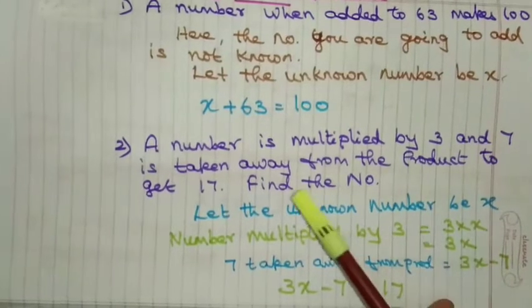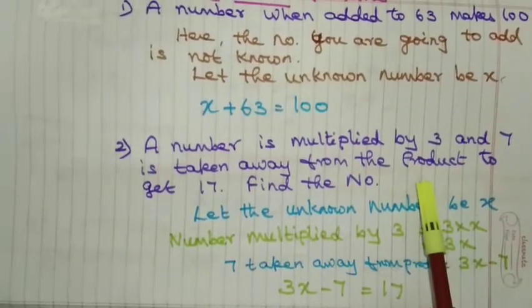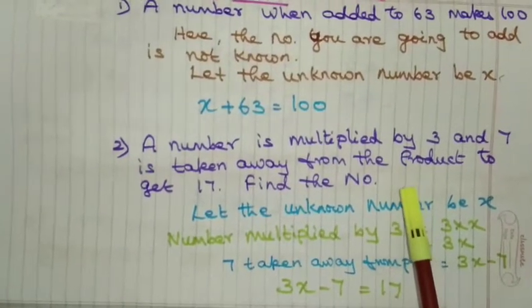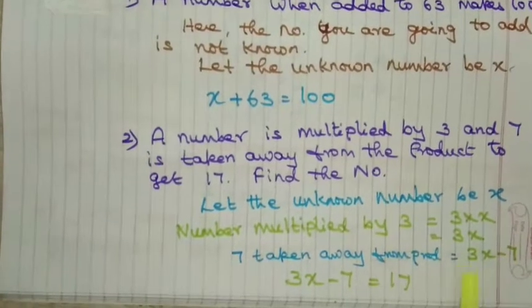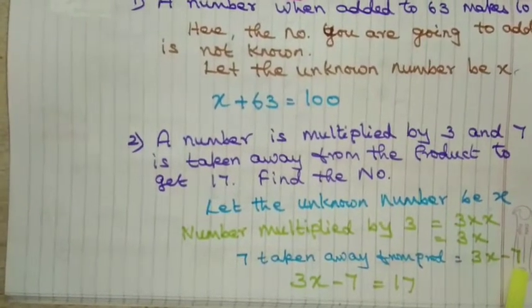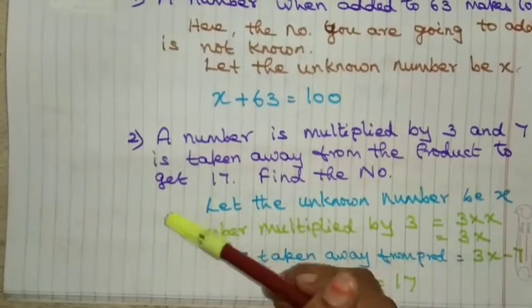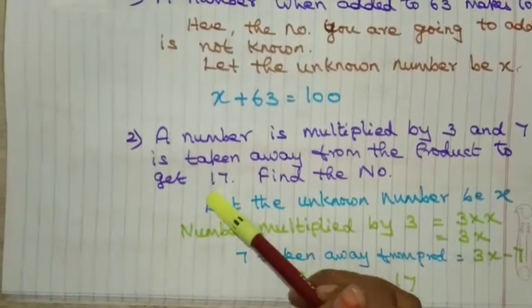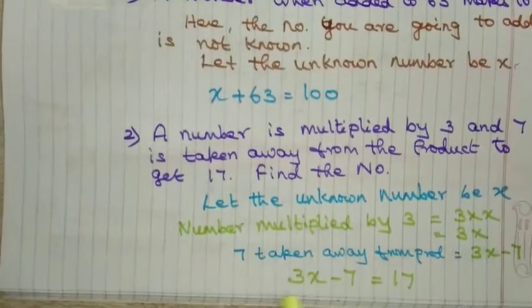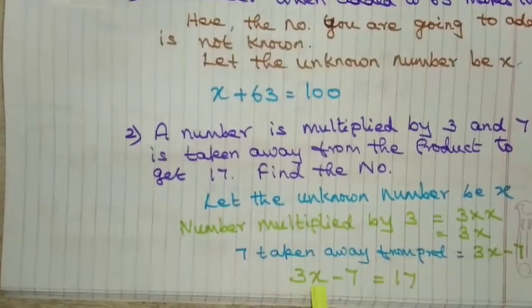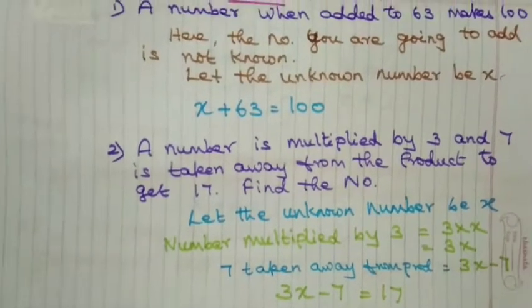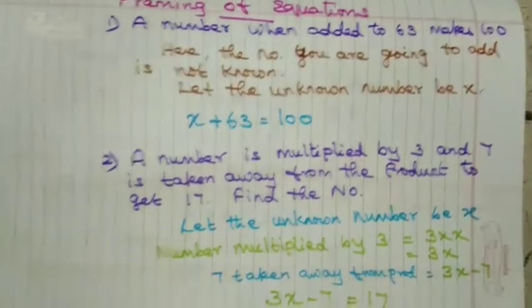You are taking off 7 from the product. What is the product? 3x is your product. You are taking off 7. So, 3x minus 7 is my expression. And the result you are getting is 17. So, my equation is 3x minus 7 is equal to 17.